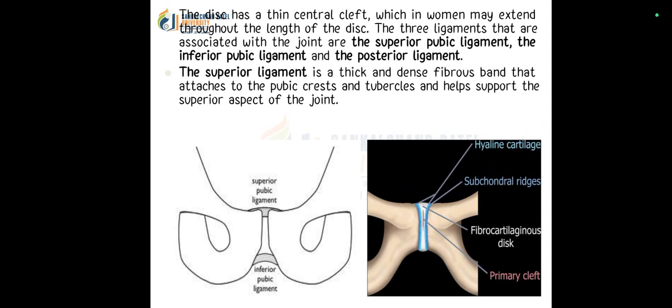The three ligaments that are associated with the joint are the superior pubic ligament, the inferior pubic ligament, and the posterior ligament. The superior ligament is a thick and dense fibrous band that attaches to the pubic crest and tubercles and helps support the superior aspect of the joint.